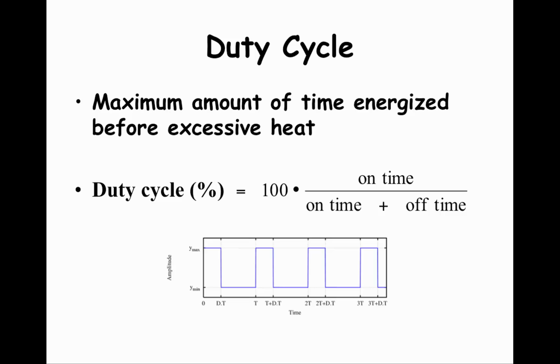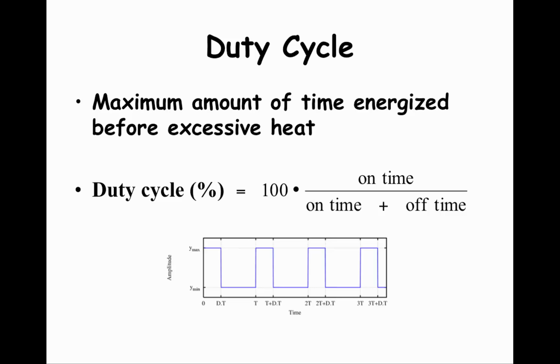If a device has a 100% duty cycle, that means that the device can be energized continuously, or 100% of the time. If the device has a duty cycle less than 100, it means that the device needs to be de-energized part of the time. So a device that had a duty cycle of, say, 50% is a device that needs to be de-energized at least half the time to prevent overheating.